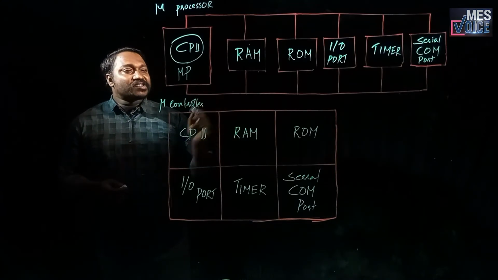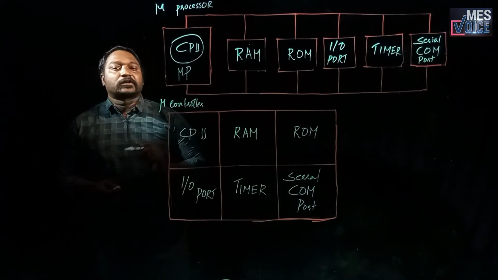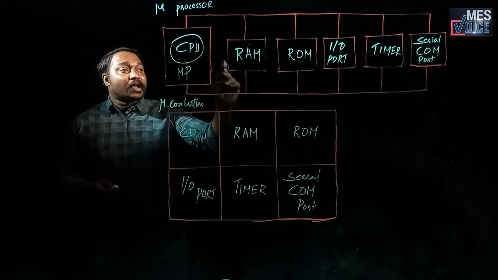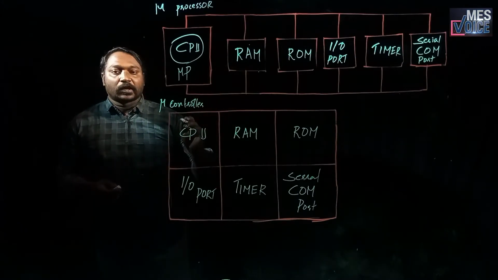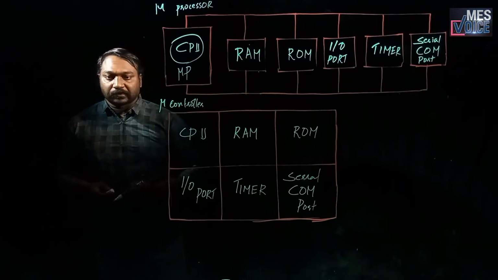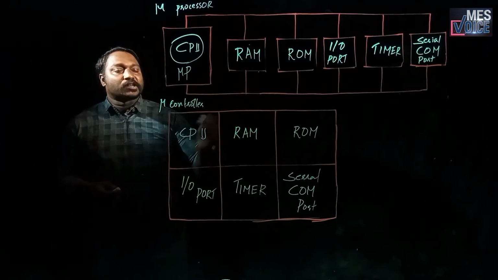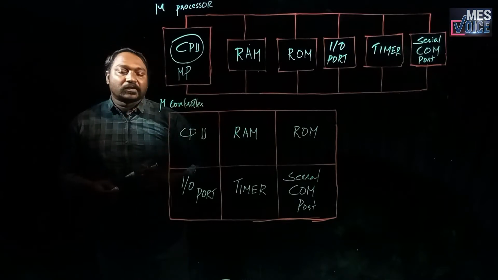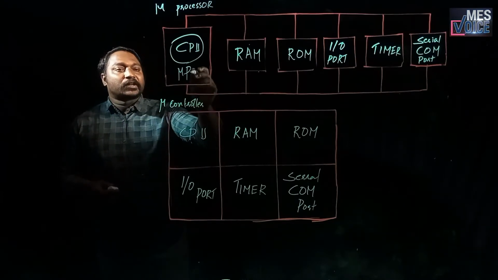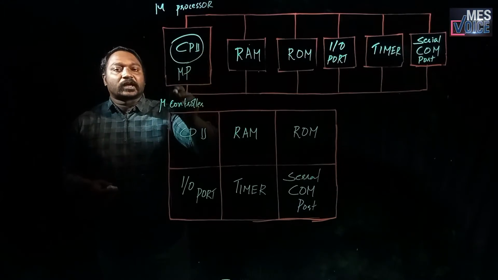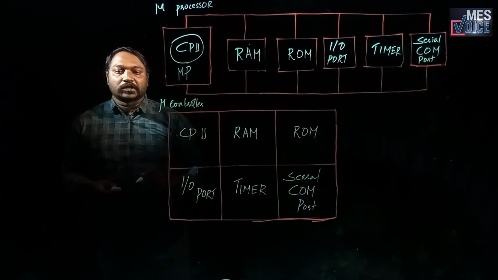Basically, the essential parts for running a microprocessor system are RAM, ROM and input-output ports. Without these functions, a microprocessor system can't run successfully, because the CPU contains only the processing unit, nothing else.